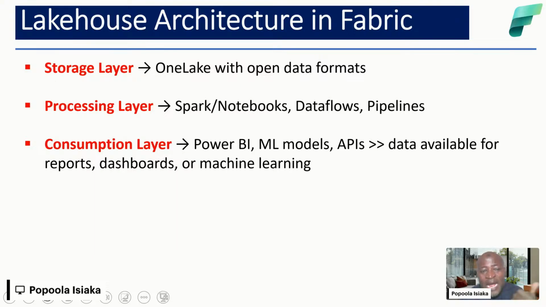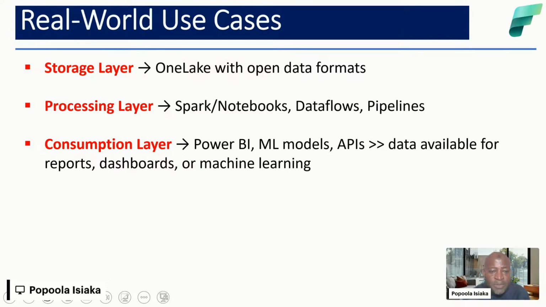That is why Lakehouse has the consumption layer, where intended users can make use of that technology to see what we have done behind the scenes, so that it can help us to take decisions as the case may be. This is connected with a Power BI environment, and also with machine learning models and APIs, which make data available for reports, for dashboards, or machine learning, as the case may be.